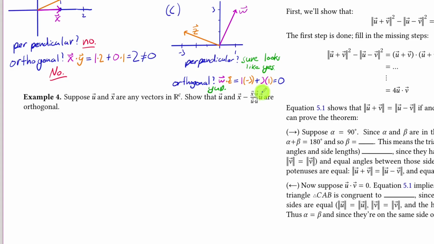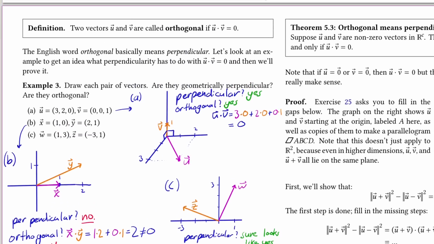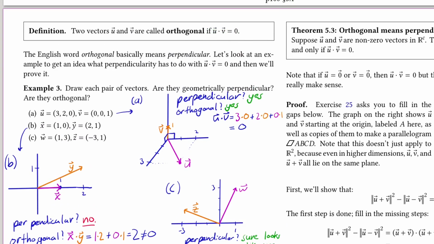It turns out this is going to be really important in the next couple sections. This gives you a way of taking any two vectors and getting a vector that is orthogonal to one of them. So to show that they're orthogonal, we need to show their dot product is 0.